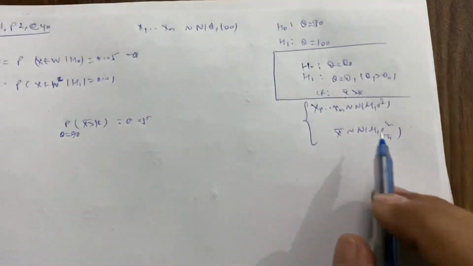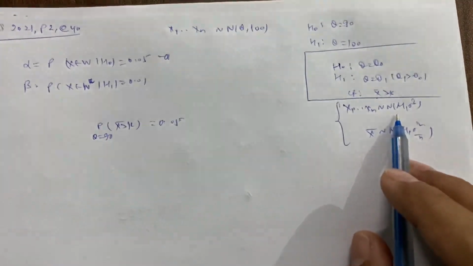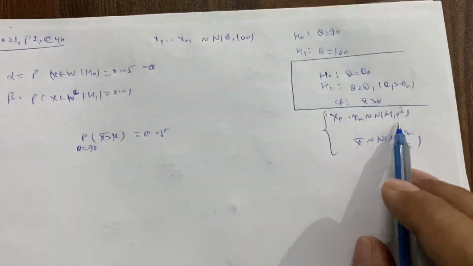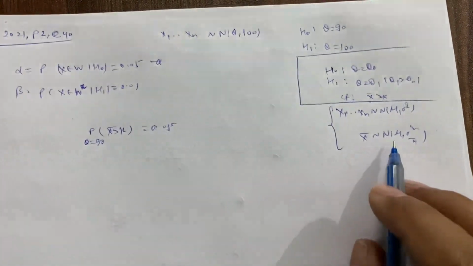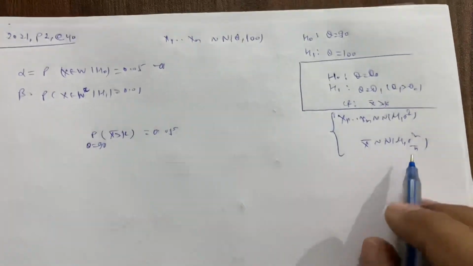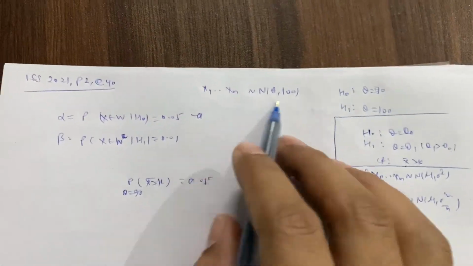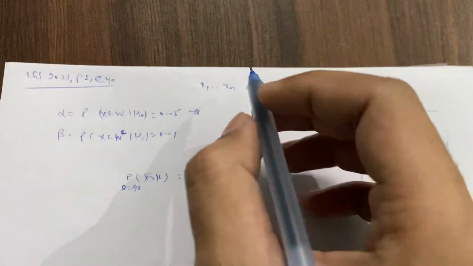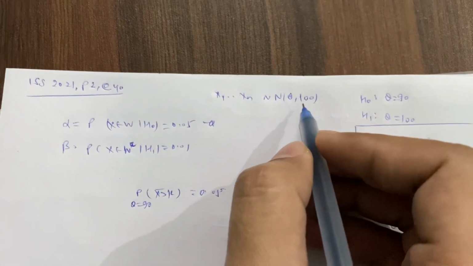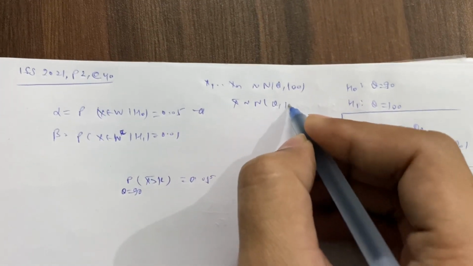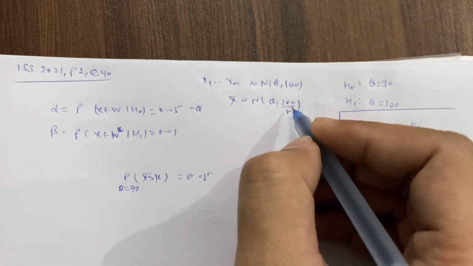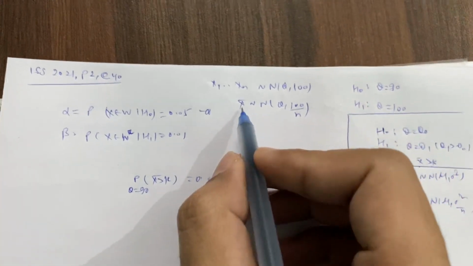Recall this result: if x1 to xn follow a normal distribution with mean mu and variance sigma square, then their sample mean x bar will follow a normal distribution with mean mu and variance sigma square by n. We will be using this result. So x bar will follow a normal distribution with mean theta and variance 100 by n.